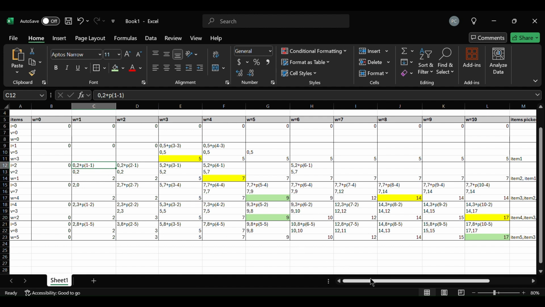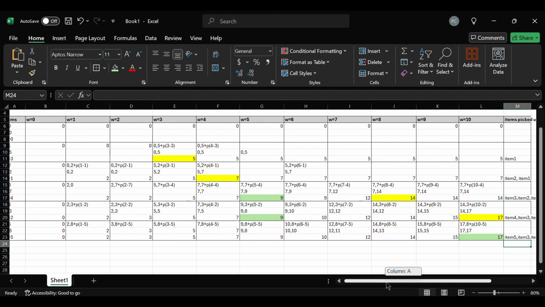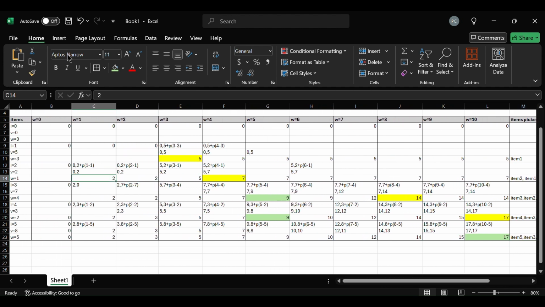item 2. And if we check here for P of 0, well, it's just 0, so it doesn't really matter, no item.